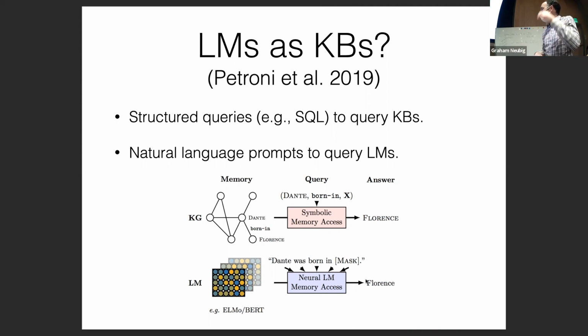Basically the way this data set was created was by taking an existing knowledge graph and coming up with a textual query that indicates this relation. So if the relation is born in, we come up with a query, Dante was born in, and you mask that out. And then you have the language model try to answer this query.